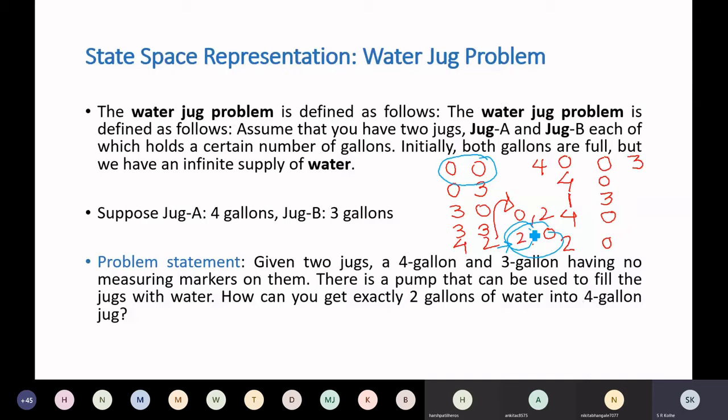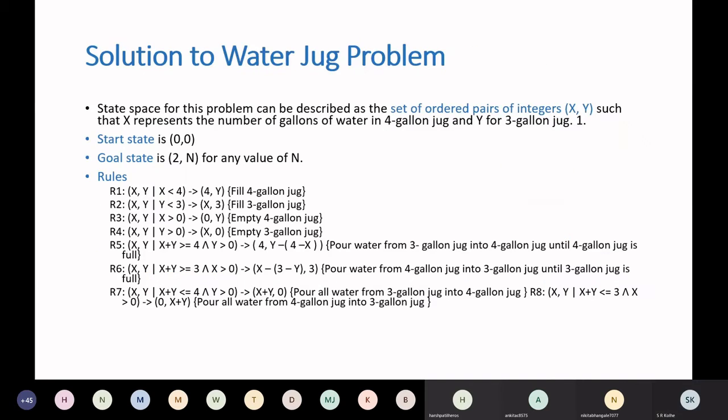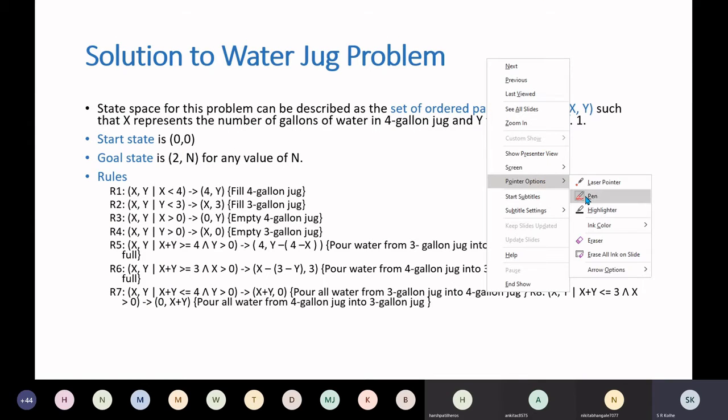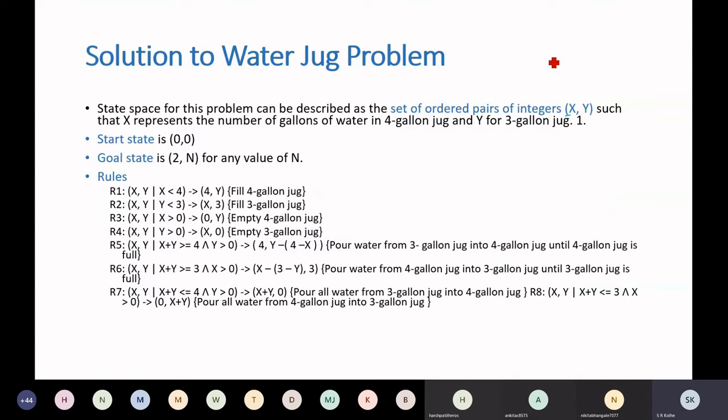So now let us try to define state space representation of this problem. While defining state space representation of this problem, you will have to represent water in 4-gallon jug and water in 3-gallon jug. So for that purpose, if you think a little bit, you will find out that an ordered pair you will have to define, and that ordered pair can be used for representing the state.